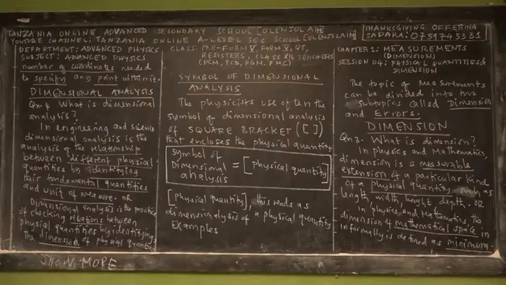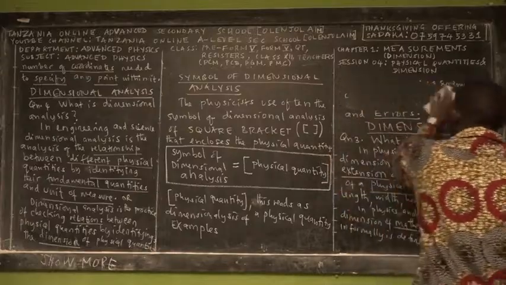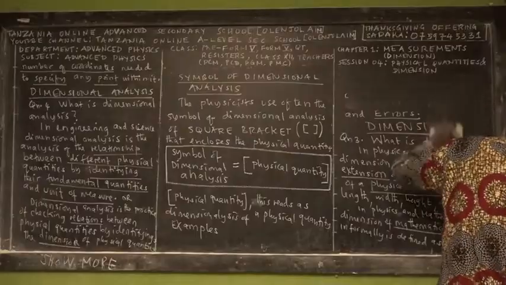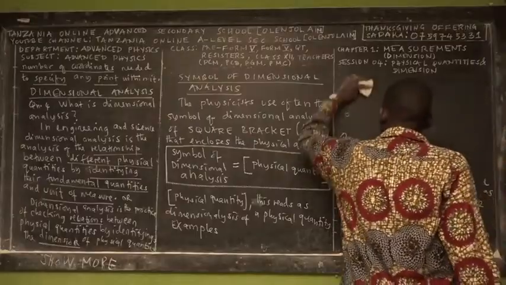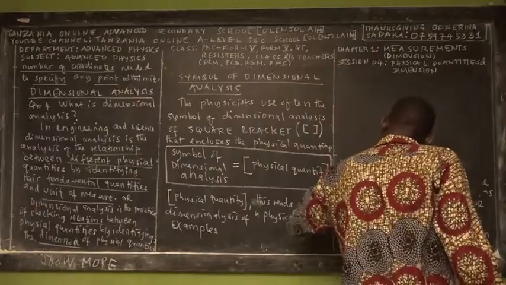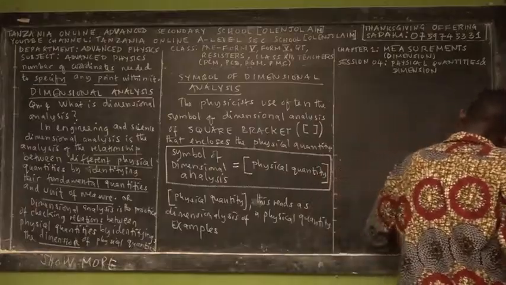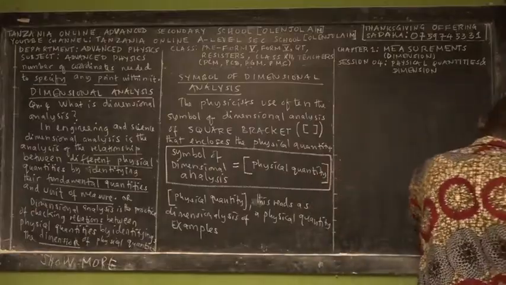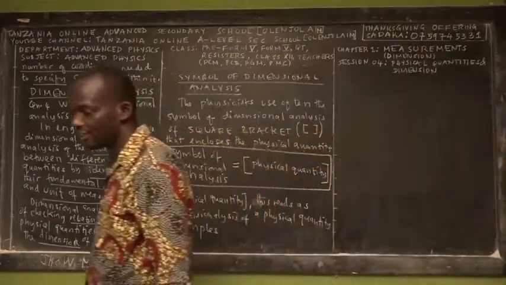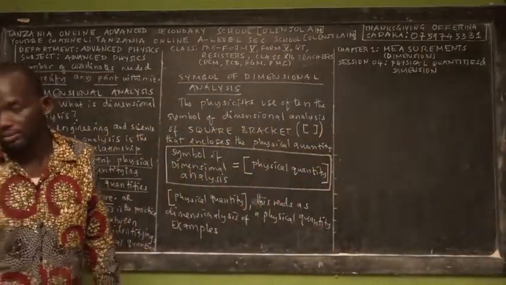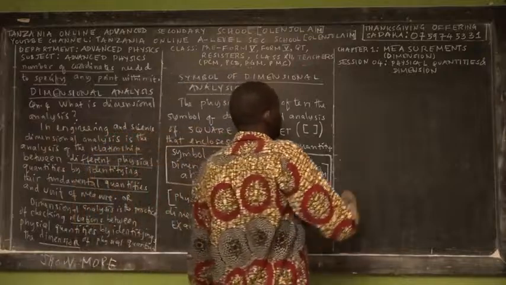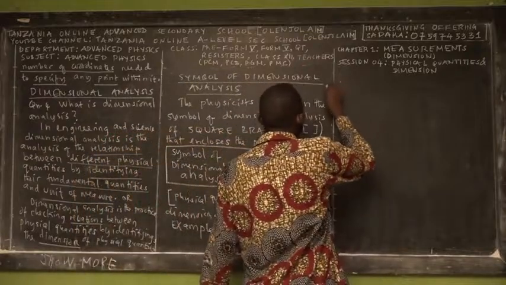Let me give you examples of dimensional analysis of some physical quantities. We mentioned fundamental physical quantities and relative physical quantities. This is the first example.